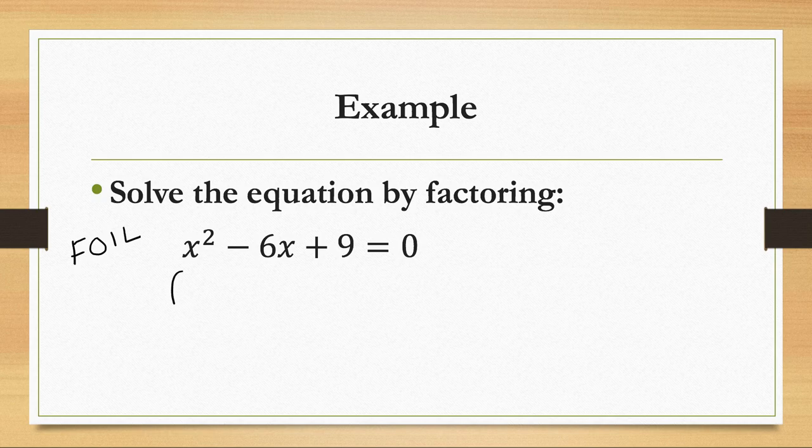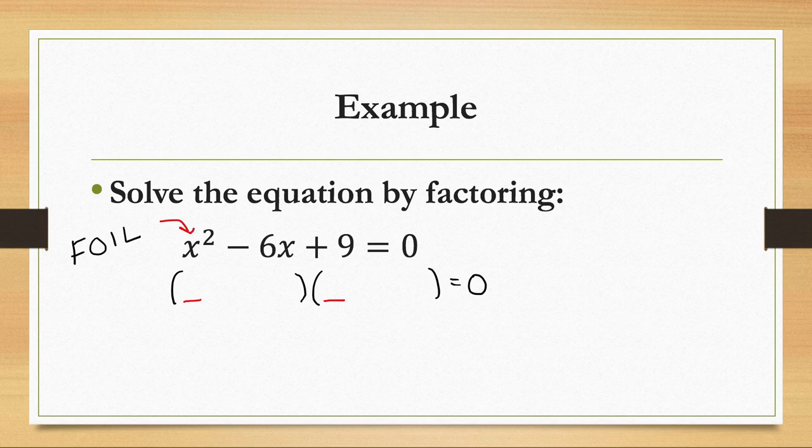So I'm going to go ahead and set up my two sets of parentheses. And what you want to remember is that the F in FOIL stands for the first terms. So the values that you put here and here in the parentheses need to make the first term in the expression.